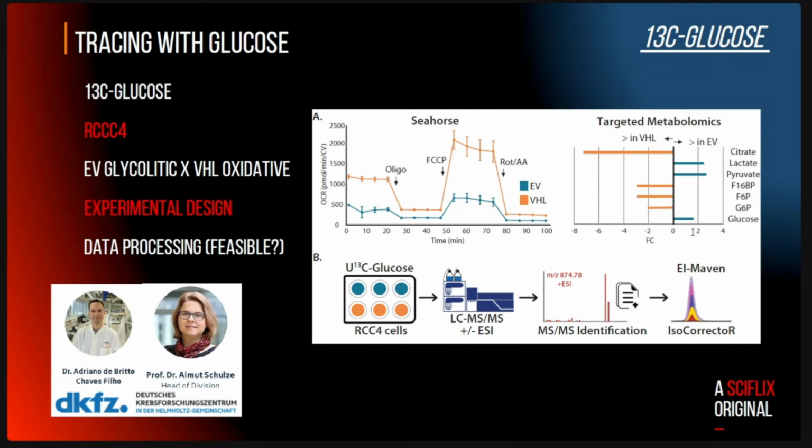Maven took this list and produced a bunch of isotopologues, and then we used IsoCorrector, an R script, just to trim out the natural abundance isotopologues. So it was kind of simple in this sense, but yeah, it's kind of complicated, but it's simple.